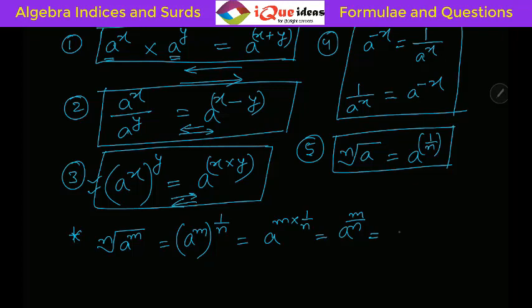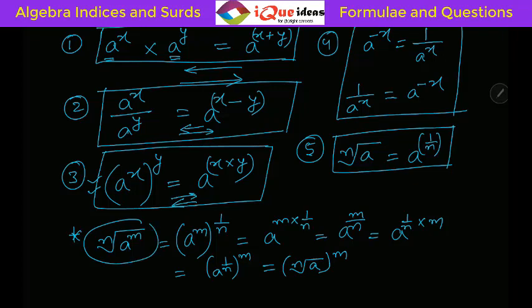Now further it can be written as a raised to the power 1 by n into m, which further can be written as a raised to the power 1 by n and whole to the power m. A raised to the power 1 by n and whole to the power m, which is the nth root of a whole to the power m. So that means the nth root of a raised to m can be written as the mth power of the nth root of a. Right? So this is a slightly specific, peculiar situation. You just see on your own that they can be transformed from one form to the other.